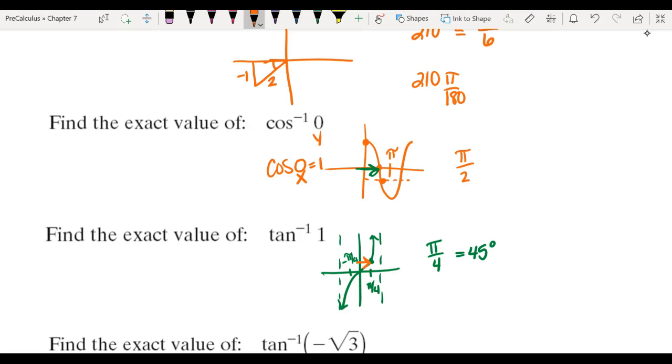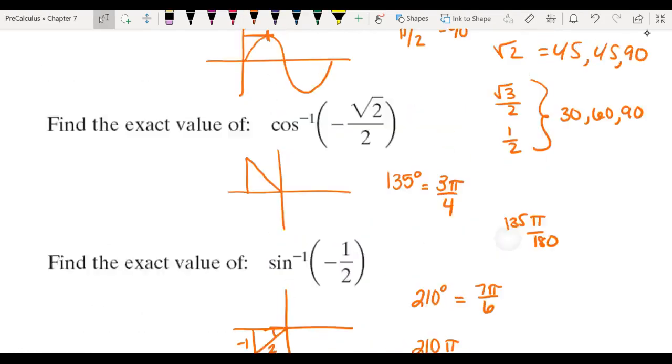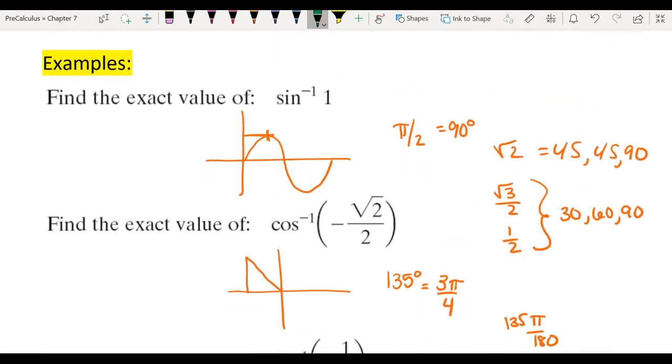So y equal 1 on your tan graph is at pi over 4. If this had tan inverse of negative 1, y is negative 1 at negative pi over 4. This is at 2 pi. So sine and cosine is 2 pi, tan is pi.